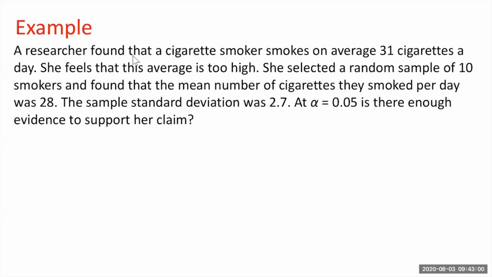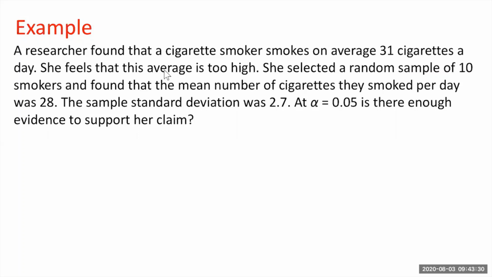Example: a researcher found that a cigarette smoker smokes on average 31 cigarettes a day. Try to understand every little sentence here. After collecting the data and finding the average, a researcher found that the average number of cigarettes smoked in a day is 31. Look at that number, it's 31.